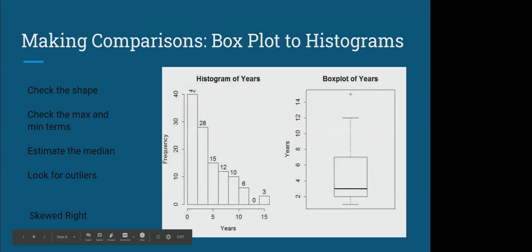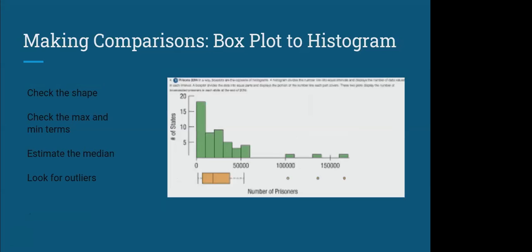Critically analyze what you see. I don't know what you all will do with your adult lives, but you may come across some graphs and you need to be able to read them. So, what I just wanted to point out in this one is that the outliers for the box plot are clearly marked.